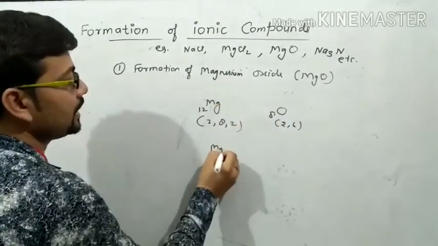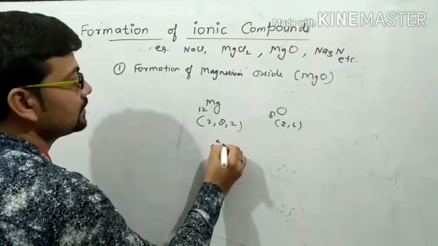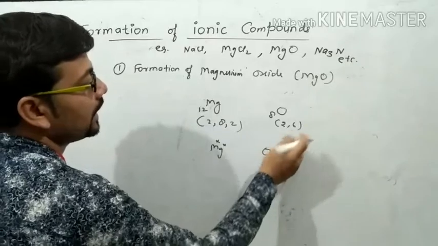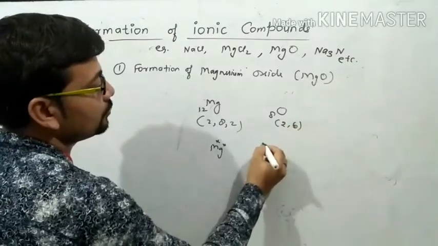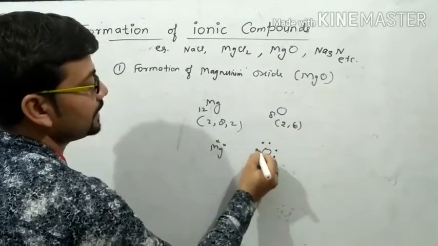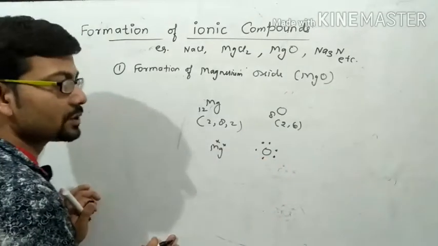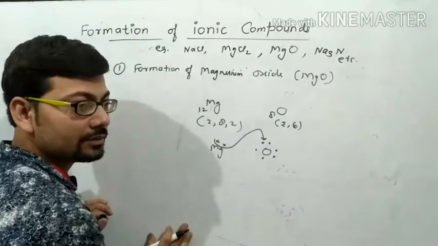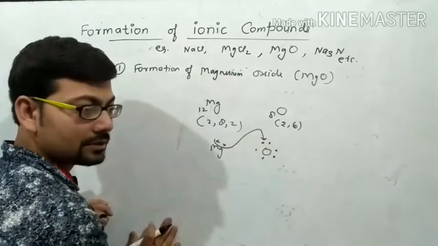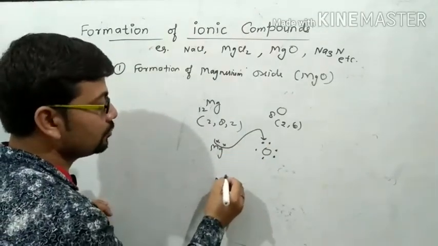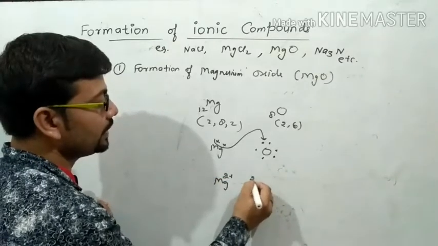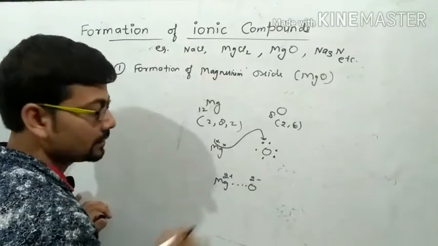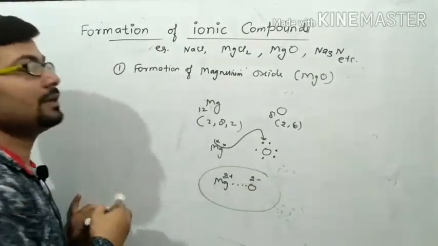Magnesium's outermost shell has 2 electrons, denoted by cross. Oxygen has 6 electrons in the outermost shell, 1, 2, 3, 4, 5, 6. So for completing its octet, 2 electrons are given by the magnesium to the oxygen. So magnesium gets 2 positive charge and oxygen gets 2 negative charge, so they are attracted to each other. So this is the formation of magnesium oxide.